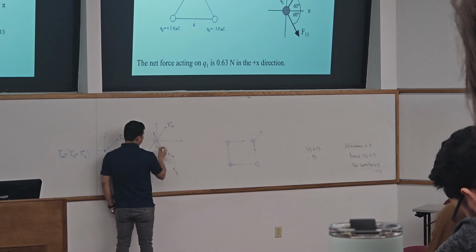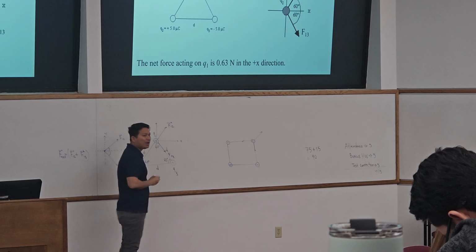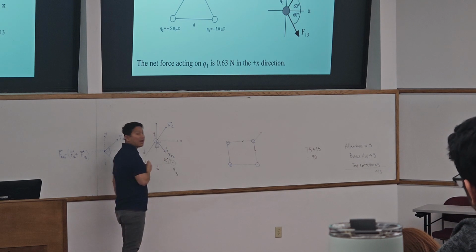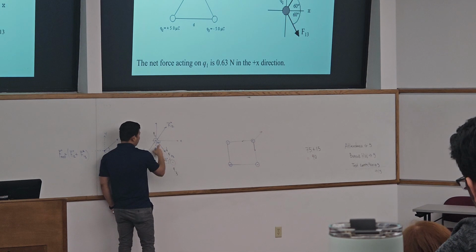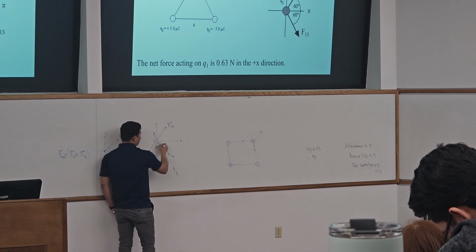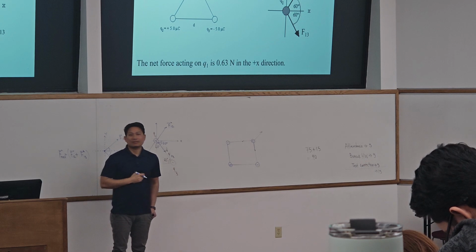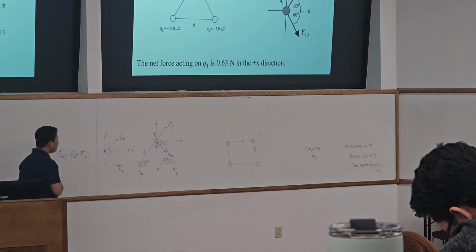This angle is going to be 30 degrees because you are dividing in half, right? The total angle is 90, so 90 minus 30 is going to be 60 degrees. Same thing over here.